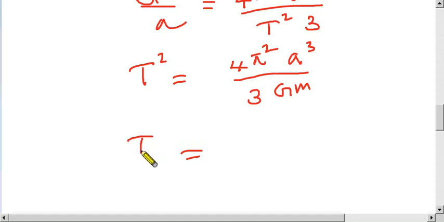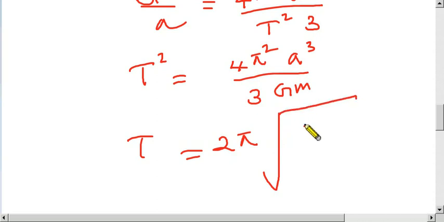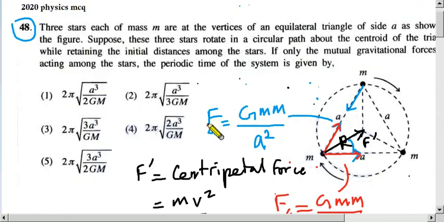Then T equals 2 pi, we can take it out of the root, A cube divided by 3 Gm. So that is the answer: 2 pi out of the root, A cube divided by 3 Gm. So this one is the answer for this question.